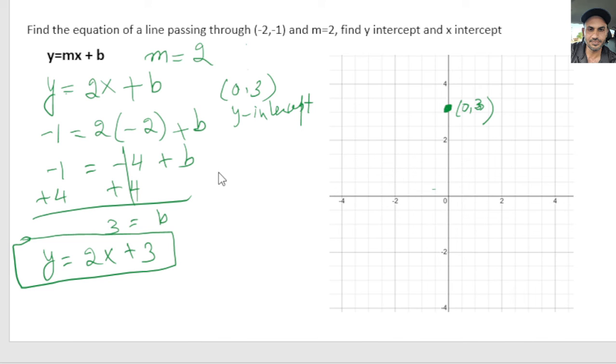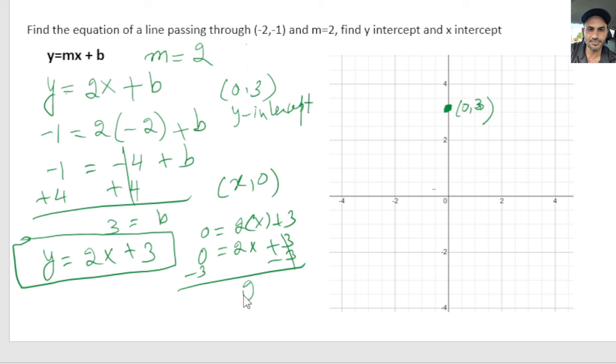Now let's find the x-intercept. So the x-intercept is x comma 0. Your y value is 0. The x-intercept is the point where the line is going to cross the x-axis. So we take this and plug it into our equation. So this becomes 0 equals 2x plus 3. So I plugged in 0 for the y and x for the x. So we have 2x plus 3 equals 0, minus 3, minus 3.